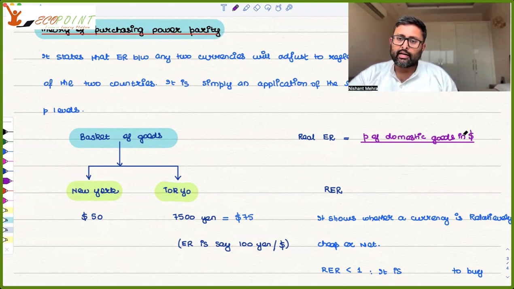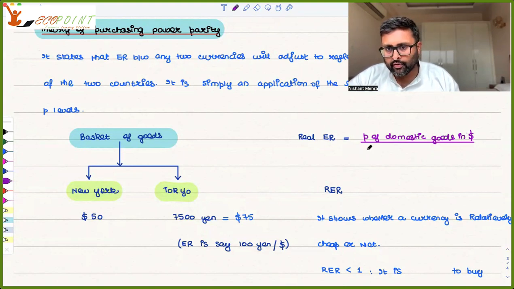So I'm just assuming that the domestic economy is US. So domestic goods are in terms of dollars. Foreign goods are in yen. We will convert that into dollars. Price of foreign goods in dollars, where foreign goods are in terms of yen, but we are going to convert them.